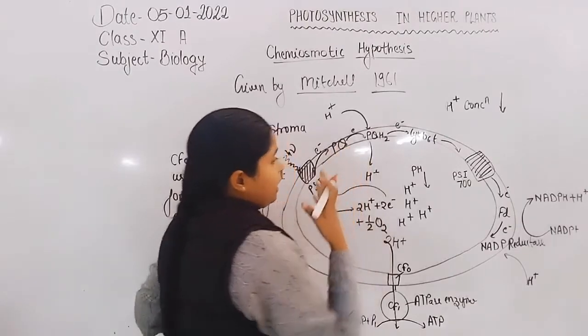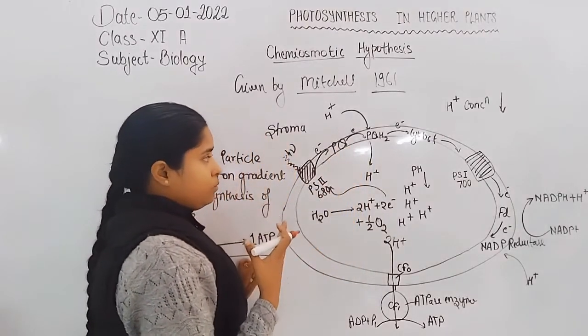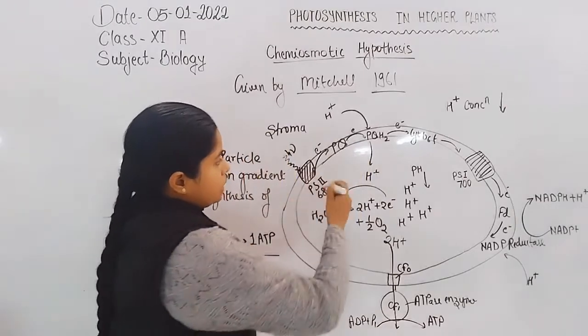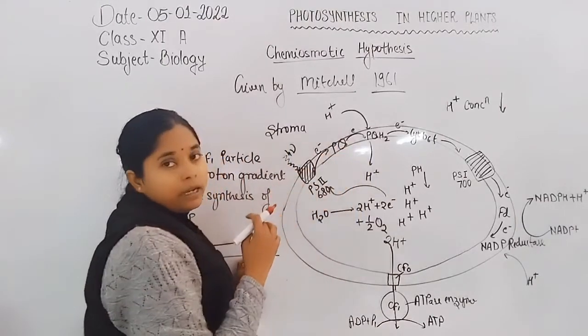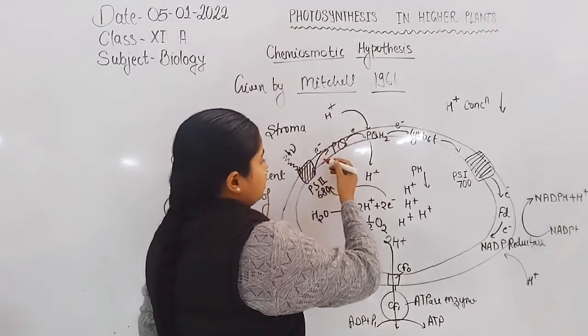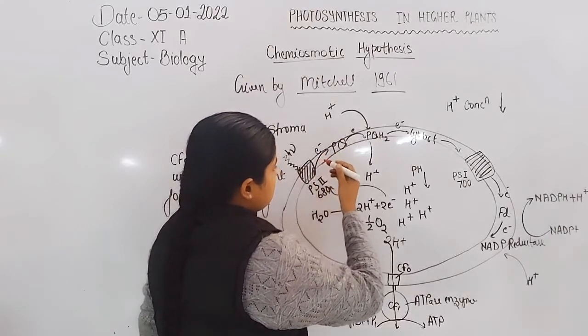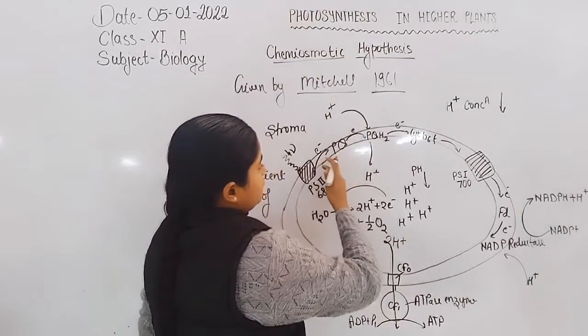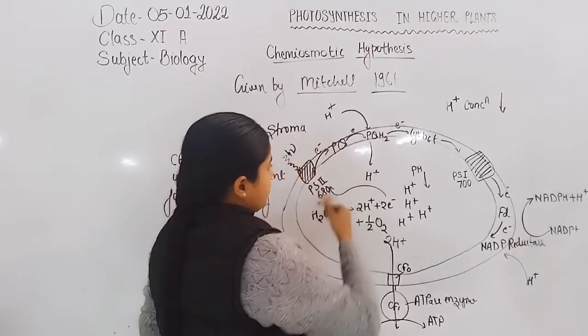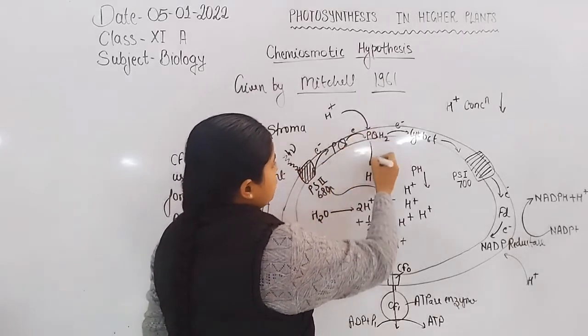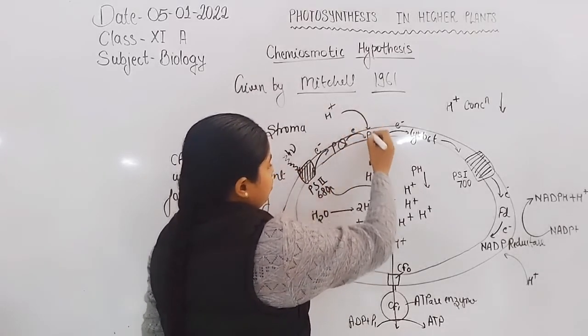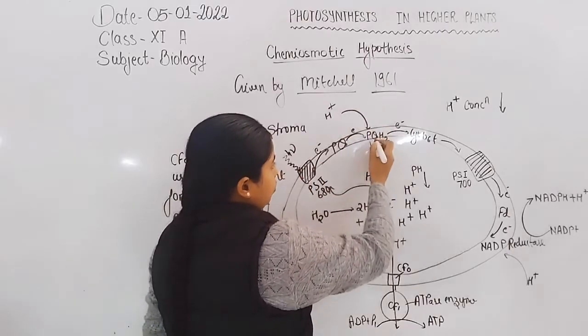Plastoquinone is a proton acceptor molecule, but in this case it receives the electron emitted by the reaction center. Here plastoquinone transfers the proton from the stroma into the lumen of the thylakoid.